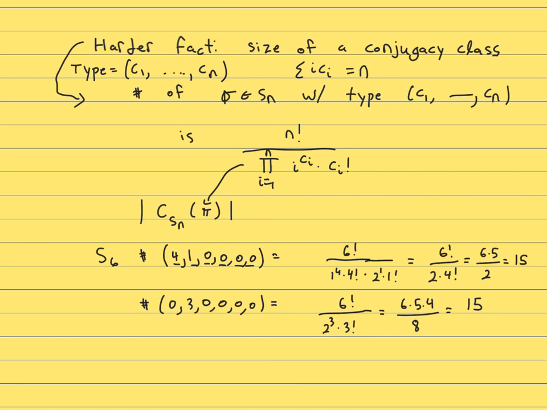It can happen, but in S6 it does happen, and not only does it happen, but the order of this element and the order of this element are the same. And S6 is the only time where that happens, where you have two conjugacy classes of elements where the elements have the same order and the conjugacy classes have the same size. And that actually is important for some very strange fact about this group that's going to pop up later.